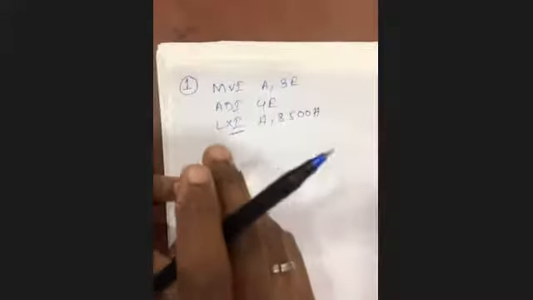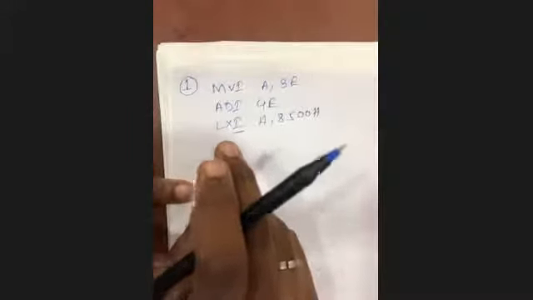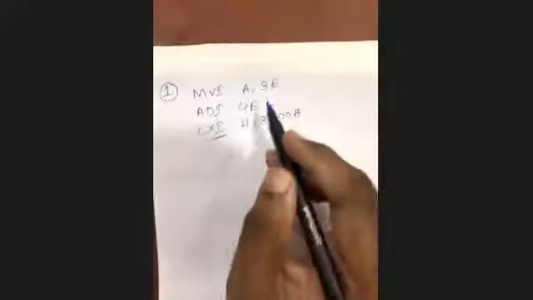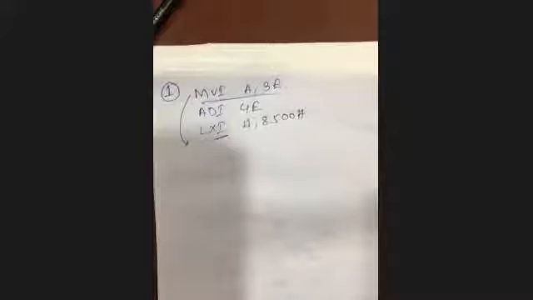I am explaining one of these instructions. In the instruction MVI A, 3E, the operand is nothing but 3E, which is given in the instruction itself.